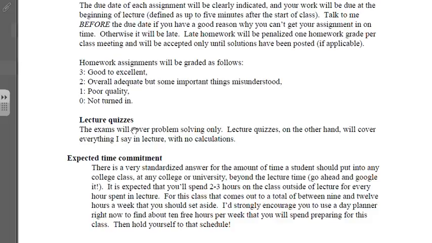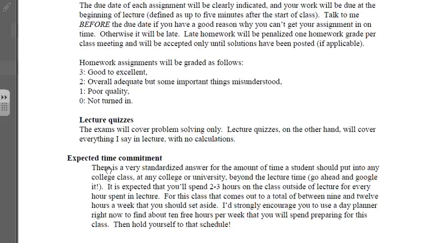But the trade-off is I want you to spend the time on this class in a specific way. When you take a 3-credit class, you're agreeing to do a certain amount of work outside of class.